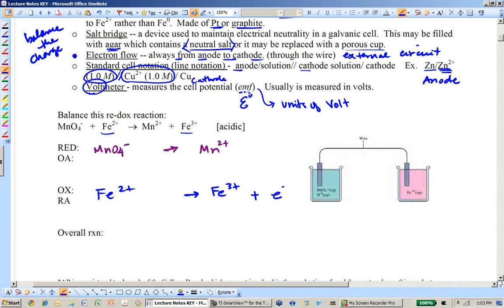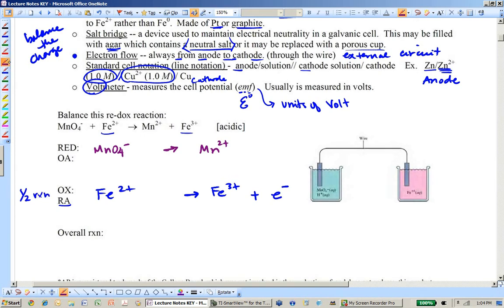So I'm going to add a single electron to make +2 charge on both sides, and I now have a balanced oxidation half reaction. That means that Fe2+, the reactant, is my reducing agent, if anybody asks me. Notice that I didn't have to go all the way to 0. I just have to get the charge balanced on each side of this half reaction. So we call that the oxidation half reaction.